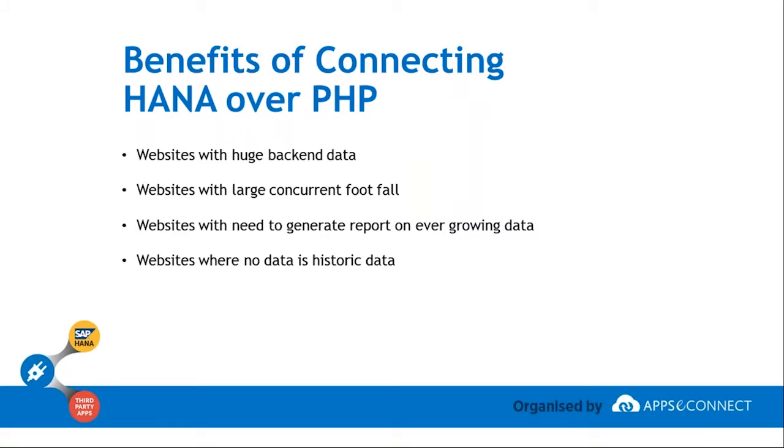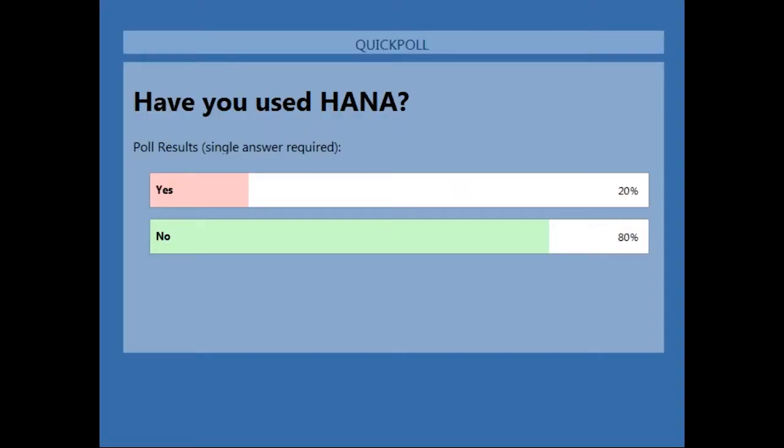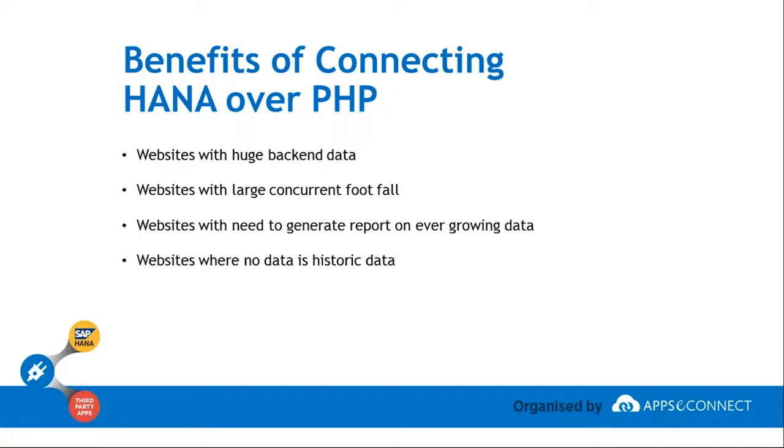On the HANA side, usually the understanding is that it is mostly related with SAP, which is not exactly true. And for PHP, analytical purpose or huge data processing is a point of pain.